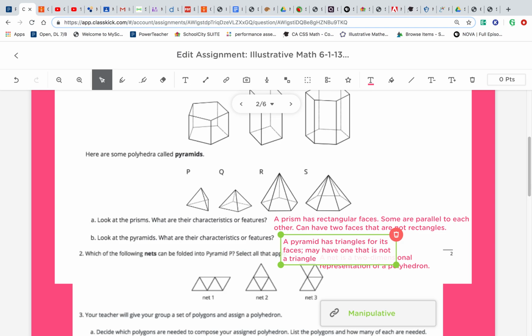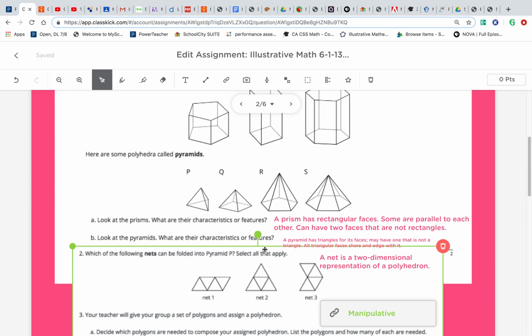Okay, and if it has a face that's not a triangle, all of the triangles that are a part of the polyhedron are going to share an edge with it. So all triangular faces share an edge with it. Okay, let's stretch this out here. Okay, so those are things to note.